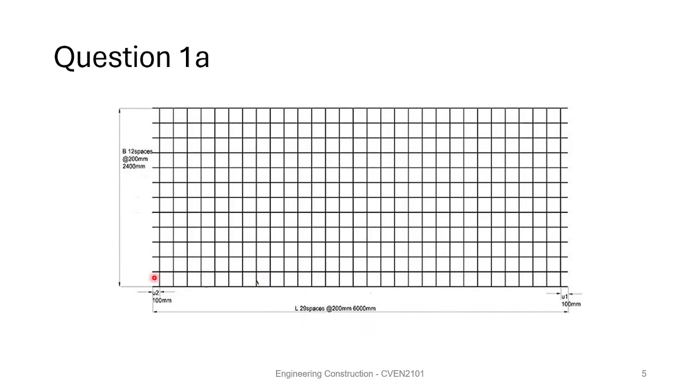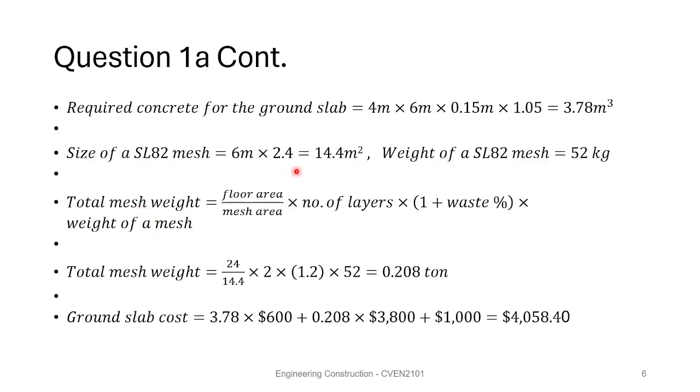So you have 29 spaces, 29 holes in it, at 200 millimeters apart, and the length of that thing is 6,000 millimeters. It applies the same to the vertical region over here, right? So it's 6 meters times 2.4 meters, 14.4 square meters, and the weight is 52 kilograms.